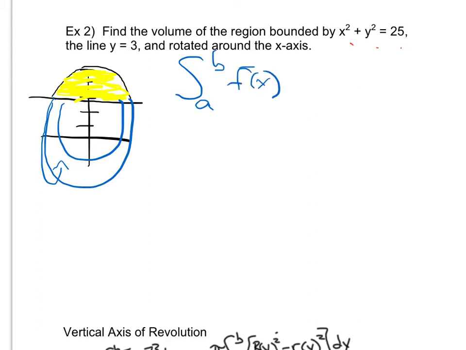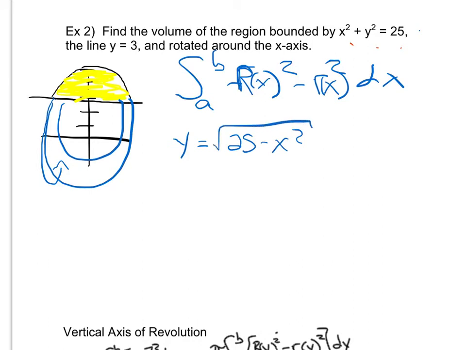So I can do R of x squared minus r of x squared dx. I want everything to be in terms of f of x, so I'm going to solve this for y. So I'll end up with y equals the square root of 25 minus x squared. And I'm not going to worry about putting plus or minus because when I put it in here, it's going to square it anyway.